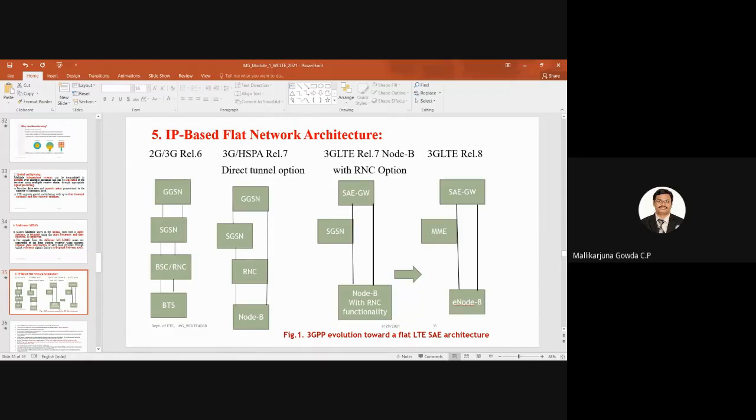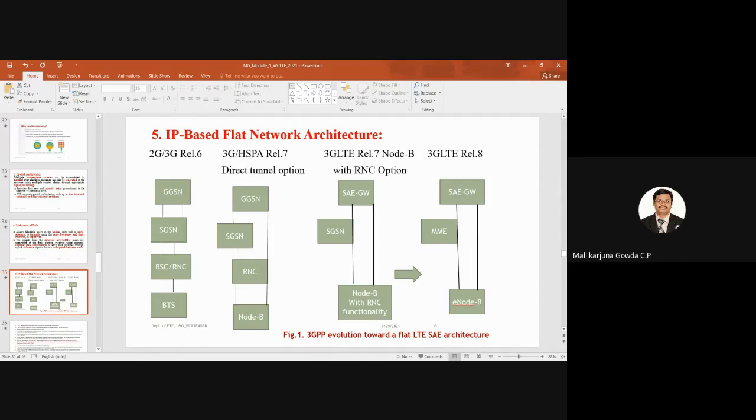This is all about 3GPP evolution towards a flat LTE SAE architecture. That means how the network architecture has evolved from 2G to 4G.